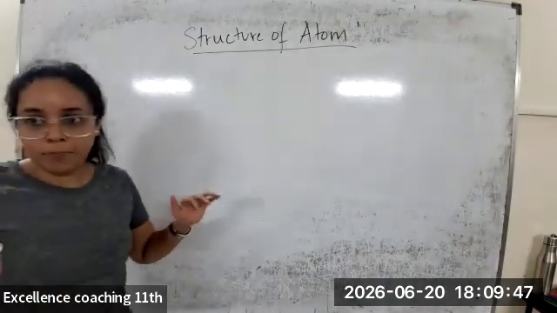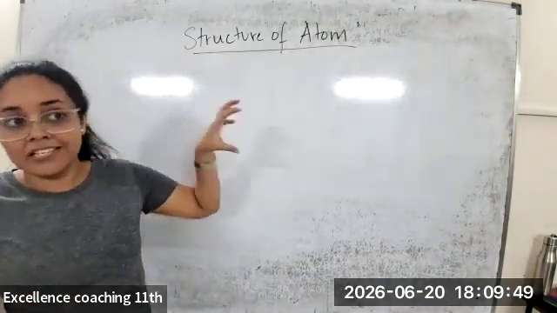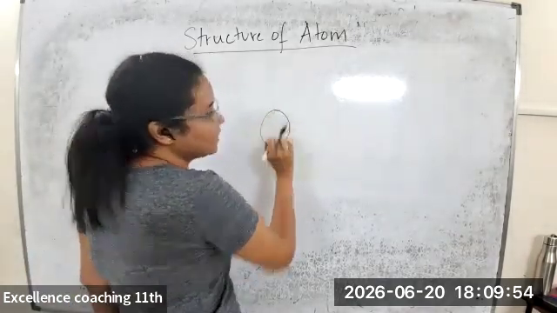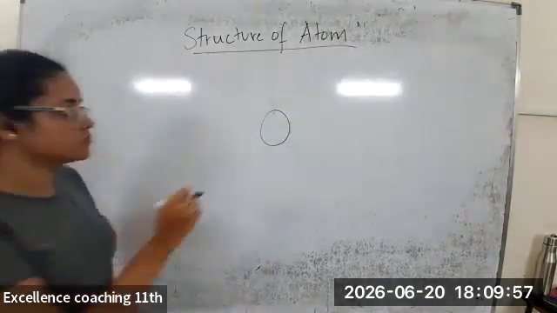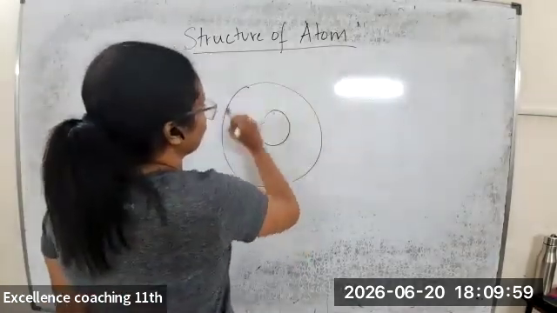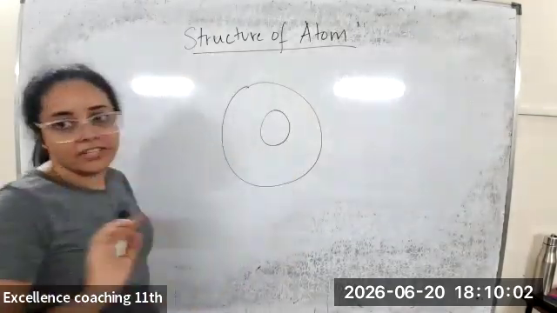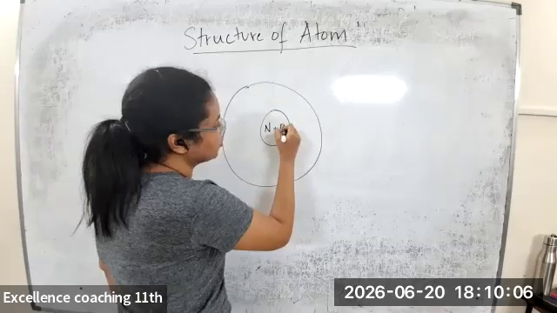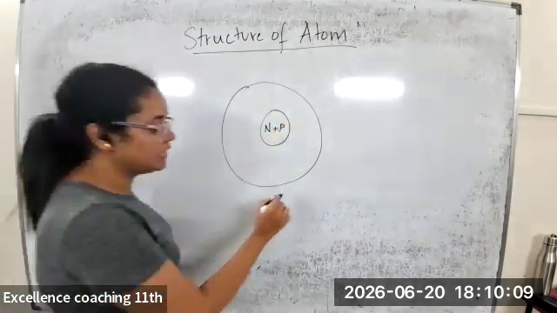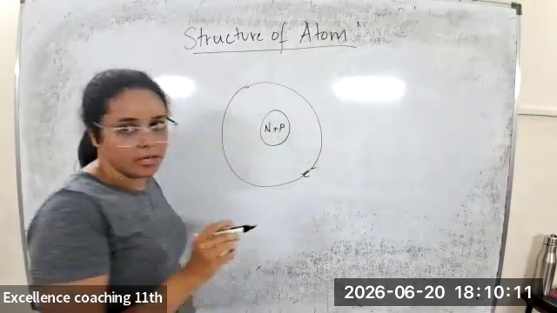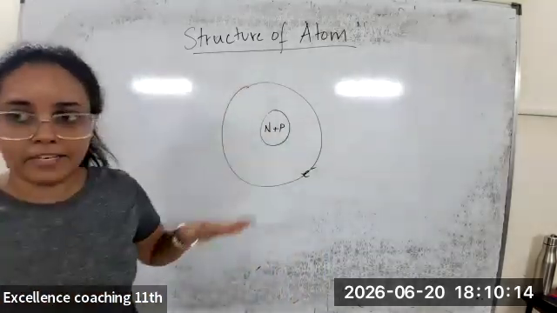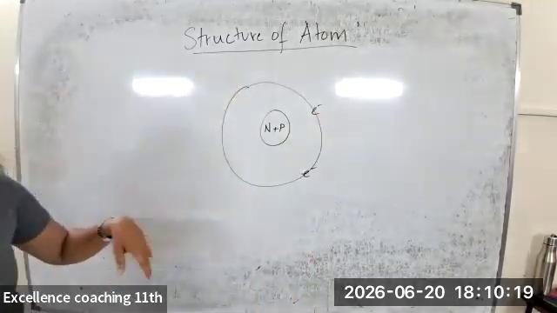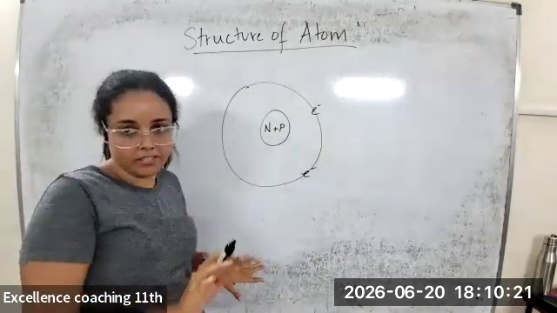For now, if we consider an atom, it will contain a nucleus. The nucleus will contain neutrons plus protons. And we know it also has electrons, but they will be around it, present in orbitals, and they will revolve around the nucleus.